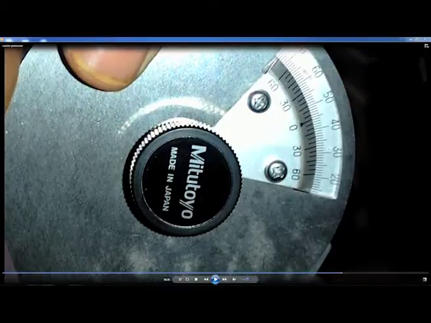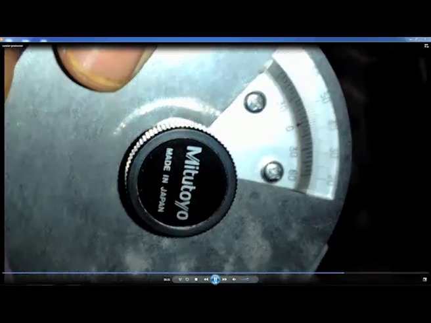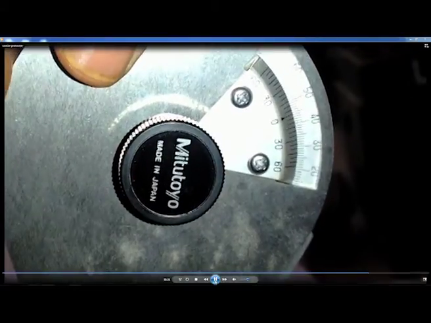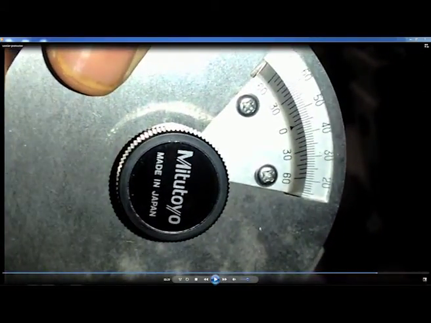Now, this is the circular scale, and then we have the vernier here. Now, you can see we should read from one end.